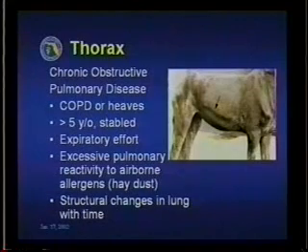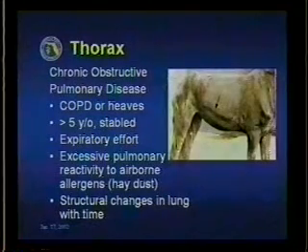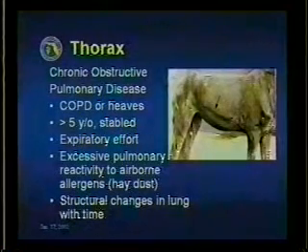So basically, when horses inhale, the air gets trapped behind the affected bronchioles because of small mucus plugs, and therefore these horses exhibit a very severe expiratory effort, which can long-term result in the presence of a heave line, where the breathing pattern has acquired an abdominal component. So the heave line is basically due to the fact that these horses are constantly trying to push air out of their lungs as hard as they can using their abdominal muscles.